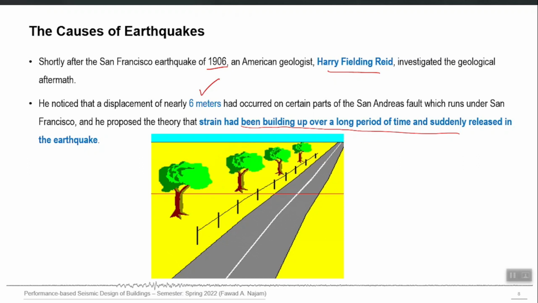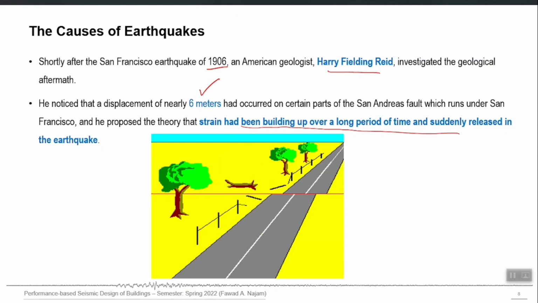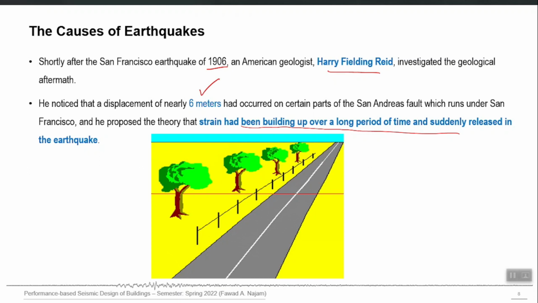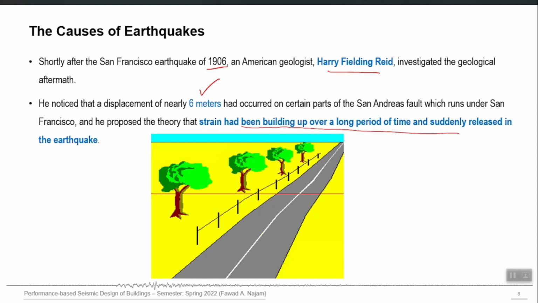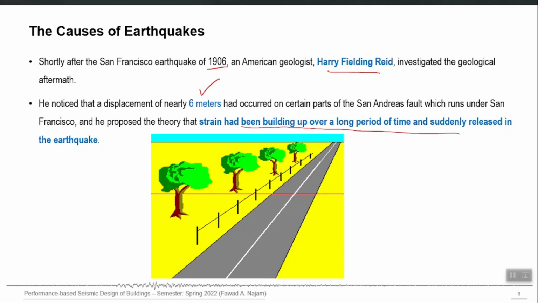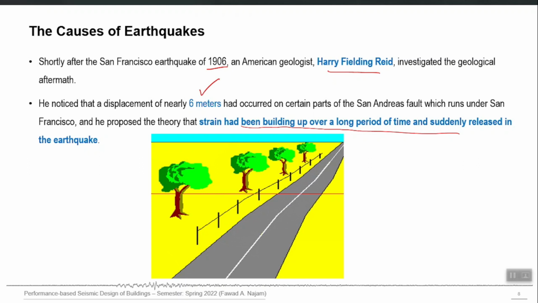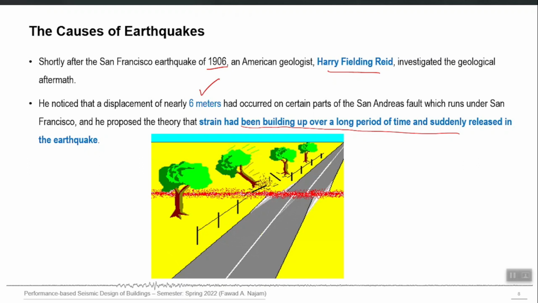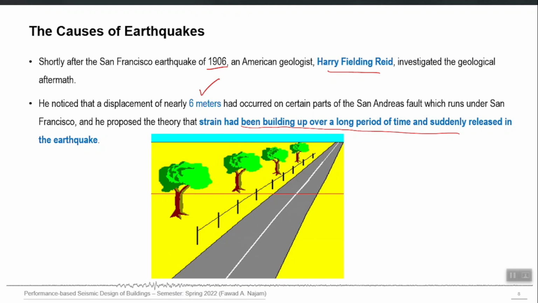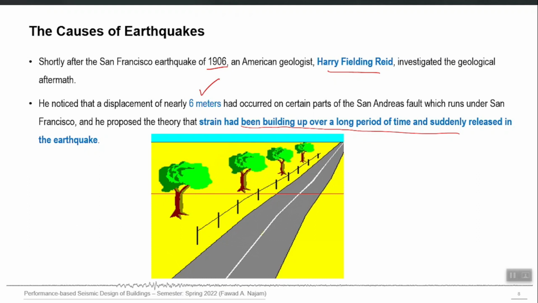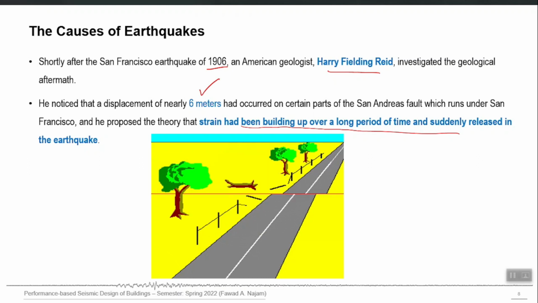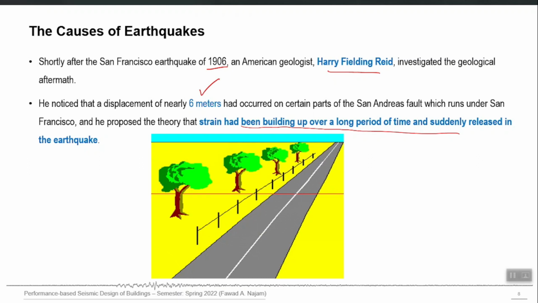So one possible cause is that there was some force applying on this piece of land. There was an already existing fault line or crack at that location, and the strain was being stored in that crack, right? And one day suddenly the stored energy was more than the capacity of that fault, and there was a relative movement between them.